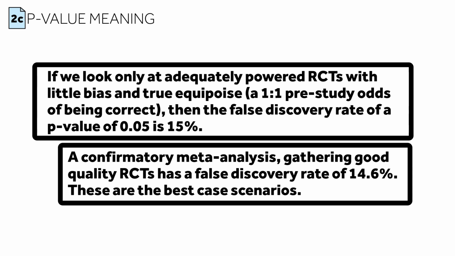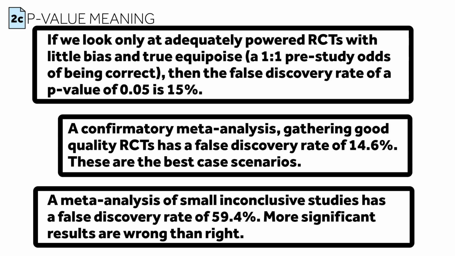Confirmatory meta-analyses, which gather together good quality randomized controlled trials, have a false discovery rate of 14.6%. And these are the best case scenarios. Meta-analyses of small inconclusive studies have a false discovery rate of 59.4%. More significant results are wrong than right.